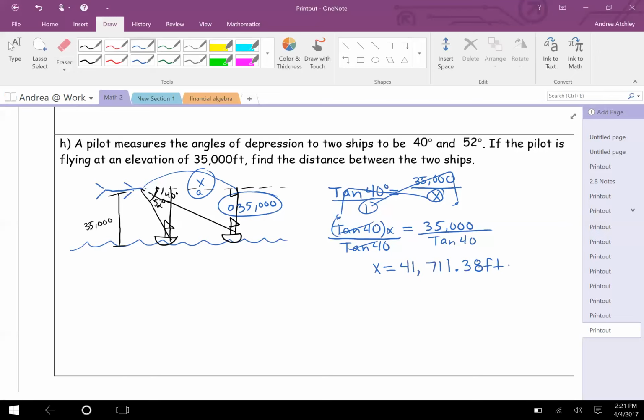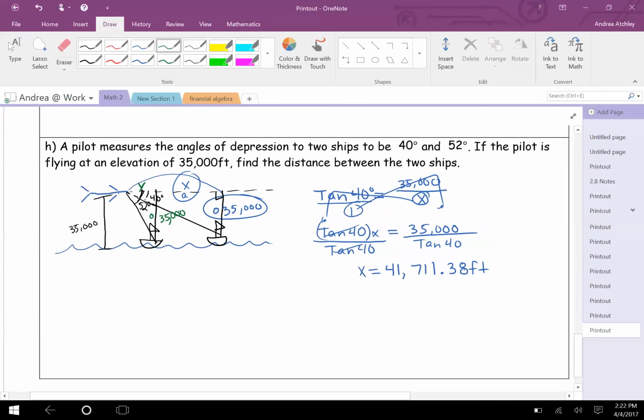So now let's find out how far away the airplane is from the first boat. So this one is now Y, and this is still 35,000 feet. So I still have the opposite and the adjacent side.